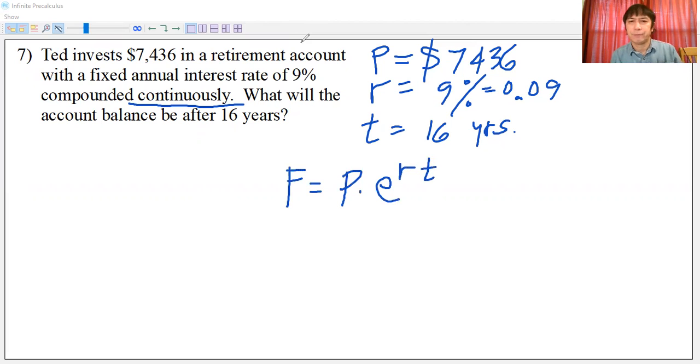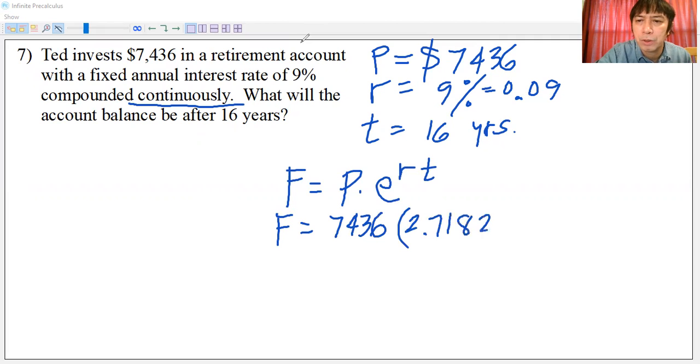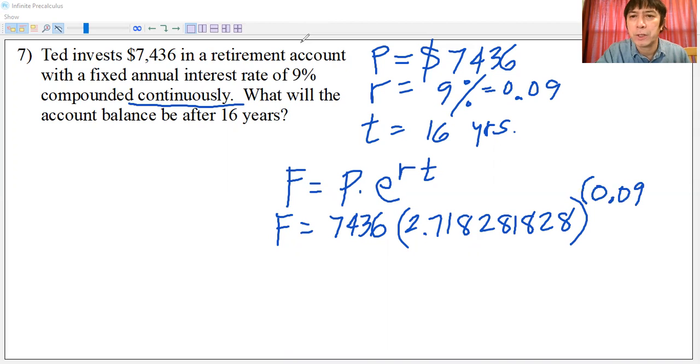So this is P at 7436 times 2.718281828, raised to the power R times T. Our R is 0.09, and we're multiplying 0.09 and the time 16.